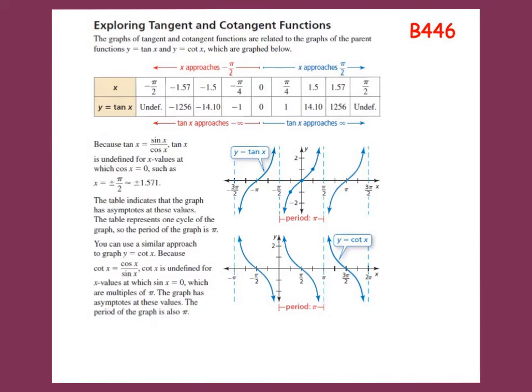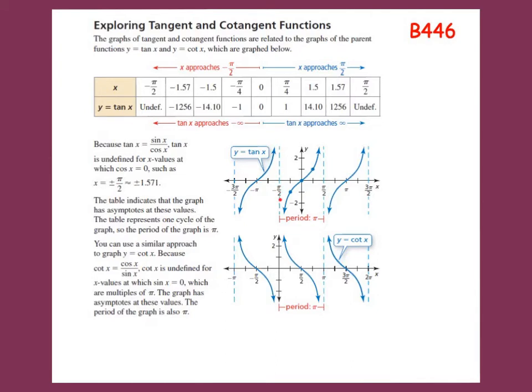Because tangent x is sine x over cosine x, tangent x is undefined for any x values where cosine x is 0, such as plus or minus pi over 2, or 1.571 if you convert that radian measure into a decimal.